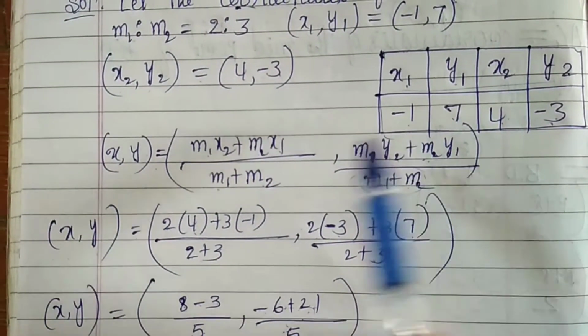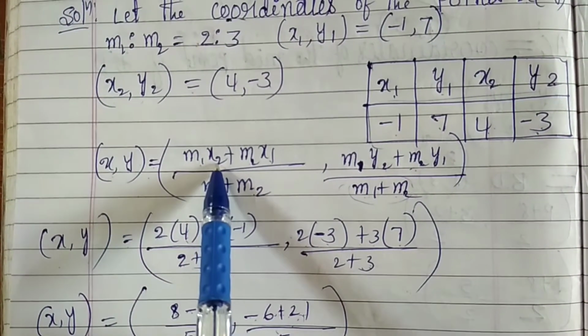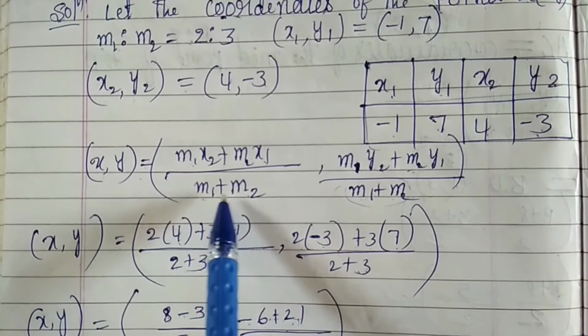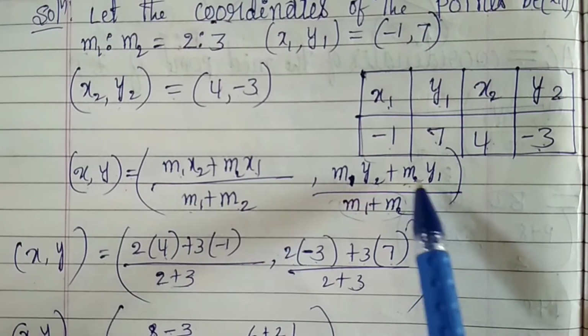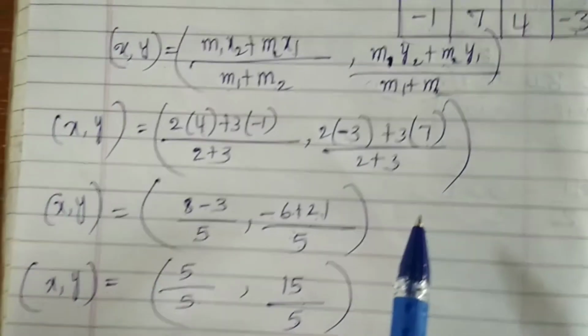section formula. X comma y is equal to m1 x2 plus m2 x1 divided by m1 plus m2, and m1 y2 plus m2 y1 divided by m1 plus m2.